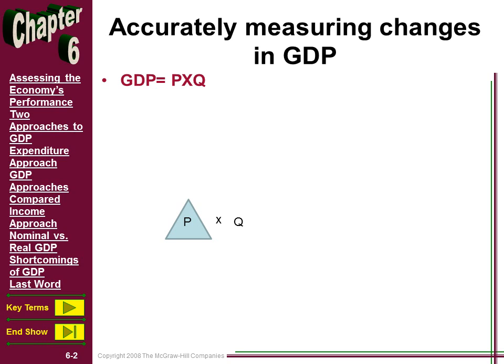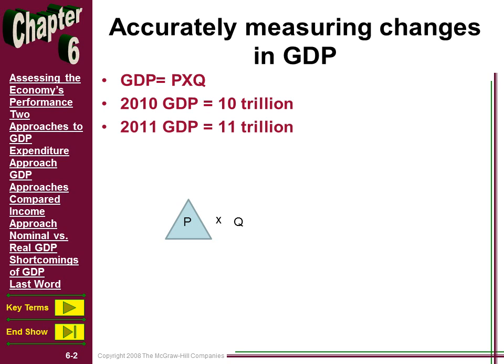However, we have a little issue. Let's look at some numbers. GDP for 2010 was $10 trillion. GDP for 2011 was $11 trillion. If I asked you, in percentage terms, how much did the economy grow between 2010 and 2011?